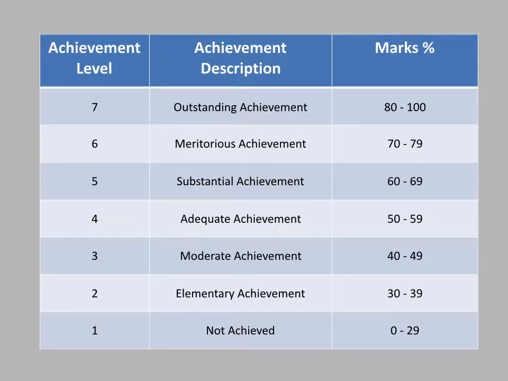In senior phase, there are 7 levels of achievement and 7 codes. So your number 1 or your code 1 is your not achieved, which falls between 0 and 29%. And then of course your highest achievement, your outstanding achievement, would be a code 7, which has learners fall between 80 and 100%.